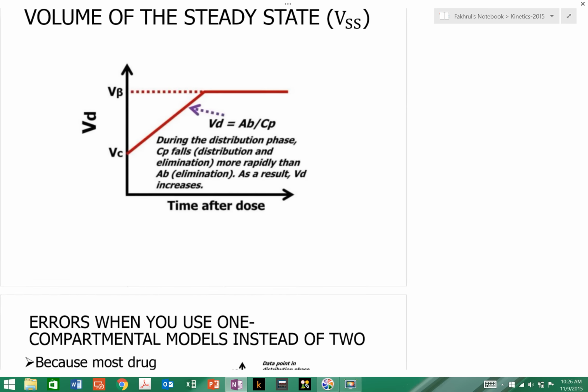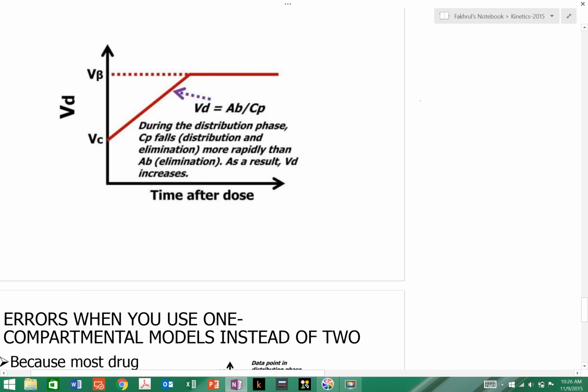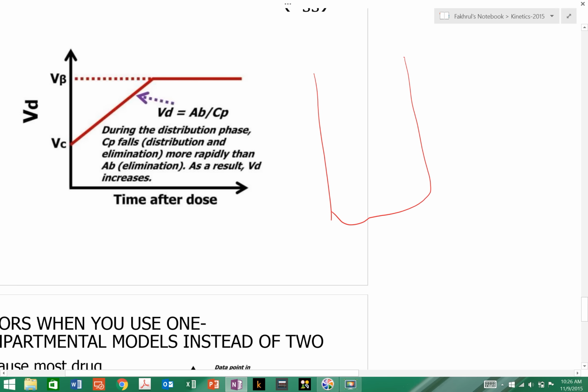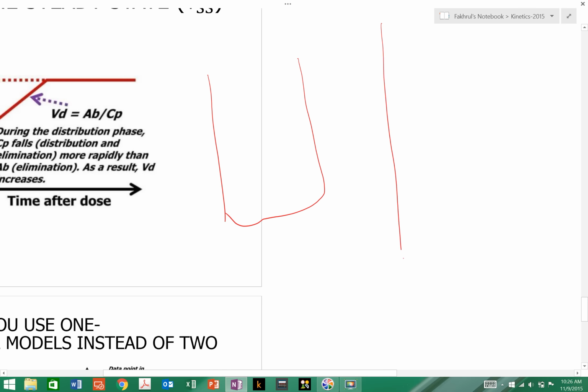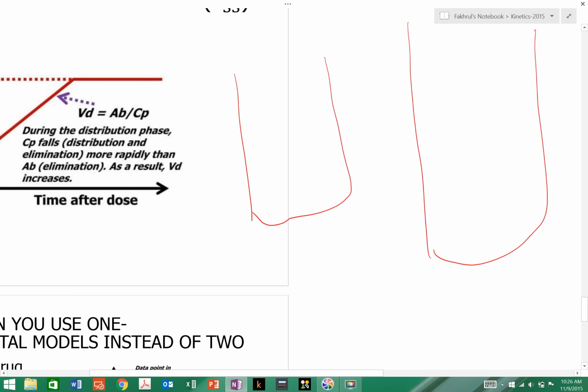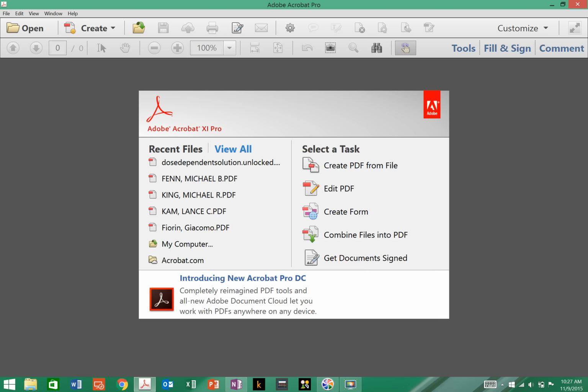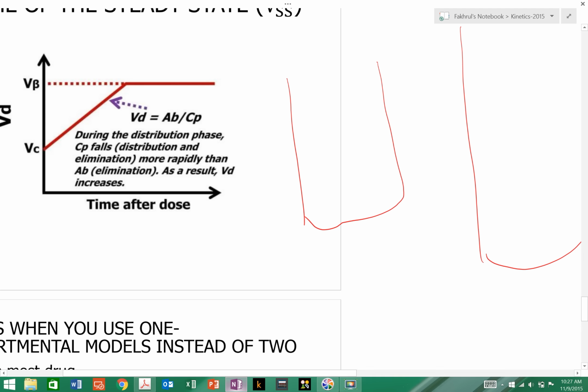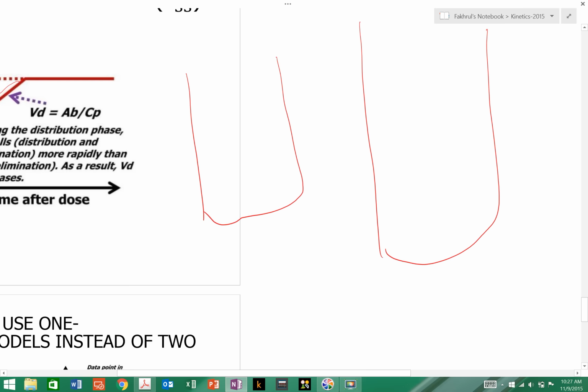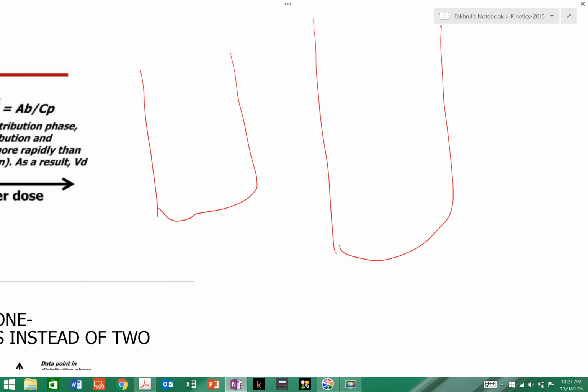Here this curve shows, if you take into consideration these two compartments, initially the volume of distribution is much less, and with time the volume of distribution in the central compartment goes up.